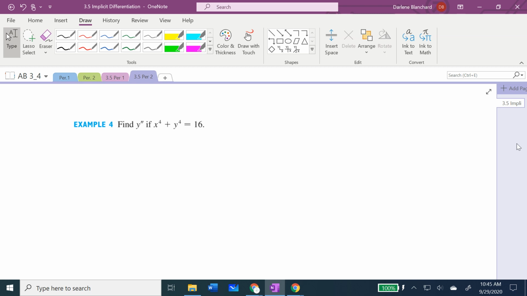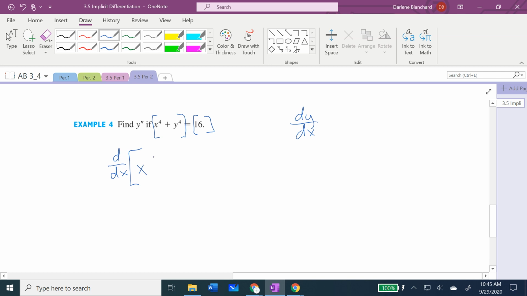Okay. You need to find y double prime. So that means you have to first find y prime. And y prime specifically means dy dx. So I'm taking the derivative with respect to x of both sides of my equation.